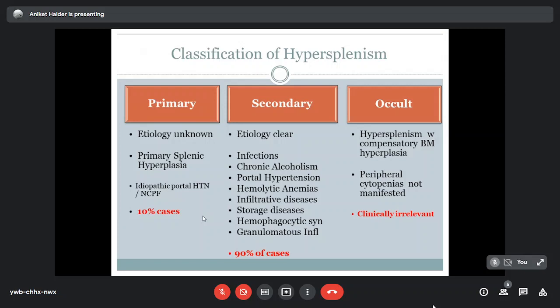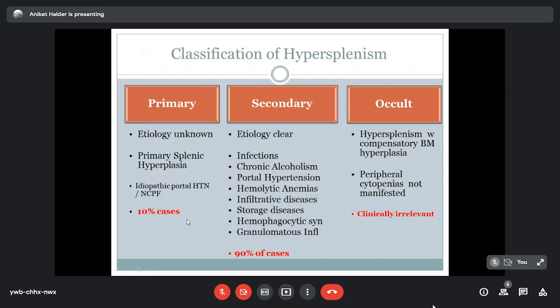So if we classify hypersplenism, as I had said, hypersplenism is most often secondary due to some primary etiologies like infections, alcoholism, portal hypertension, defined hemolytic anemias, or infiltrative diseases, storage diseases, in granulomatous inflammations. So in 90% of the cases, it's secondary. In less than 10% cases, it can be primary.